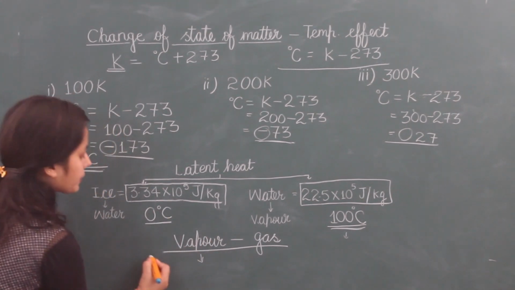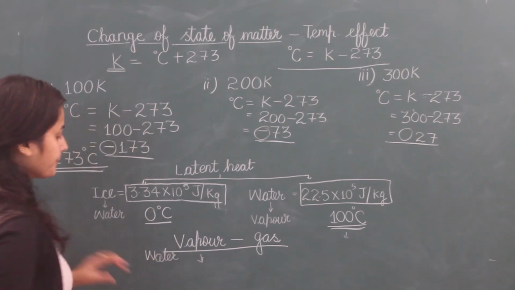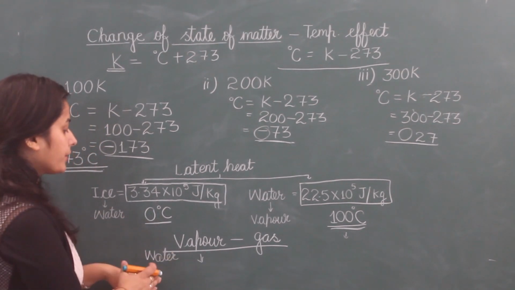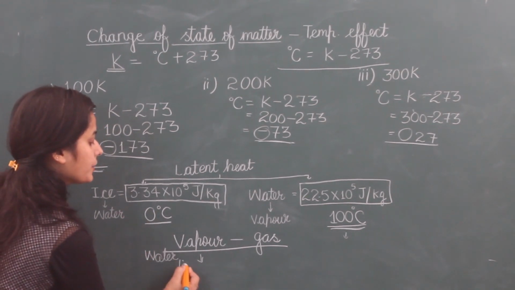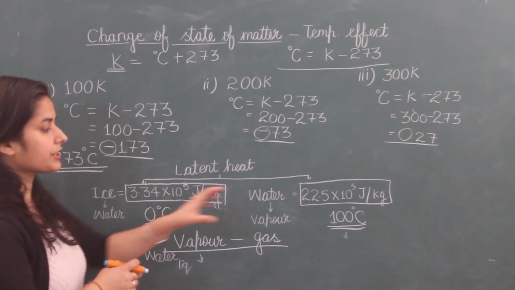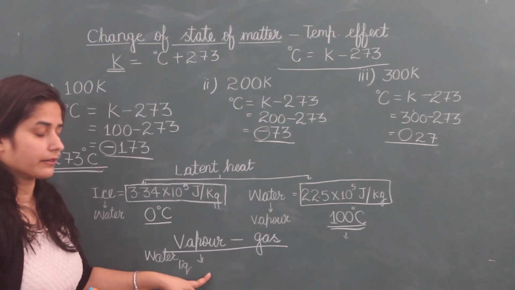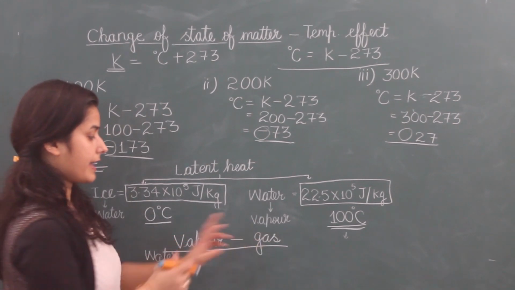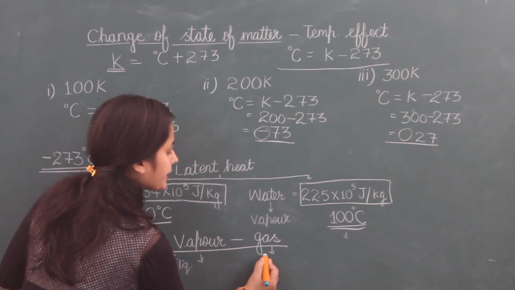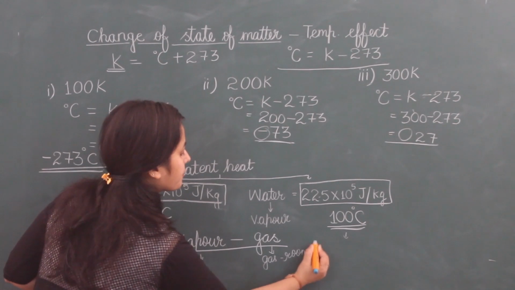If we are taking vapors of water, then what happens? This water is liquid at room temperature, and when we give extra heat to this water, then it will convert into vapor. But gas is already in gas state at room temperature.